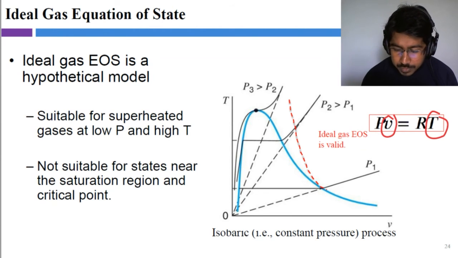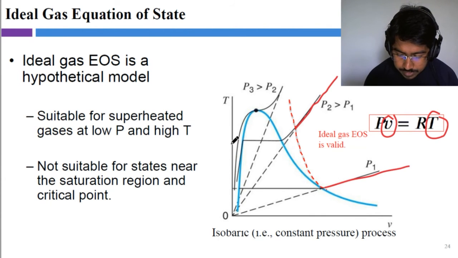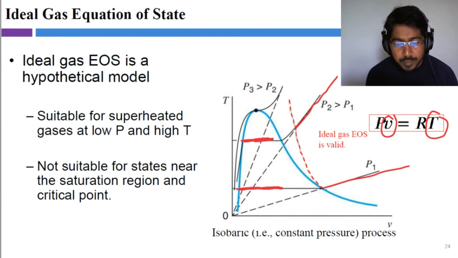So we can only observe linear relationships in this region, right? Otherwise it has a curvature. That's why, and definitely for this region we cannot use it because it's not gas. It is liquid plus vapor, a mixture of everything, right? So that's why we can only use this relationship in the given region.